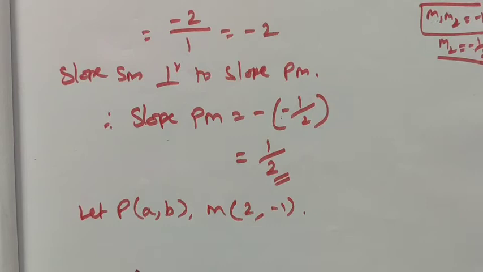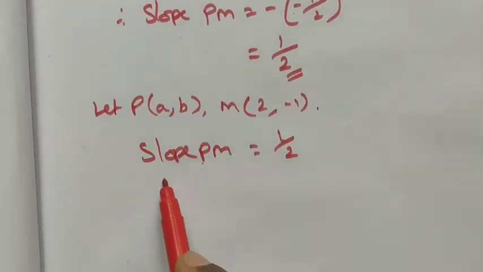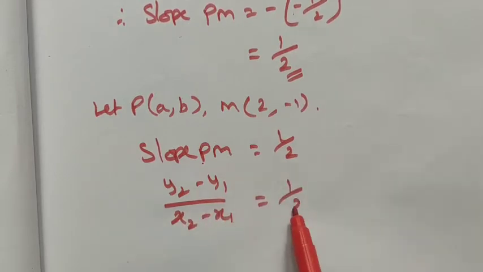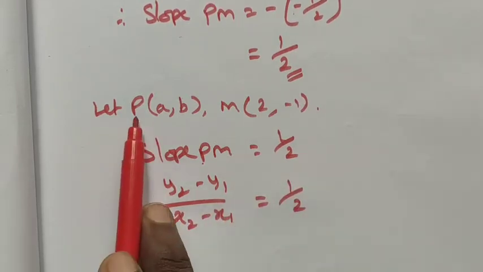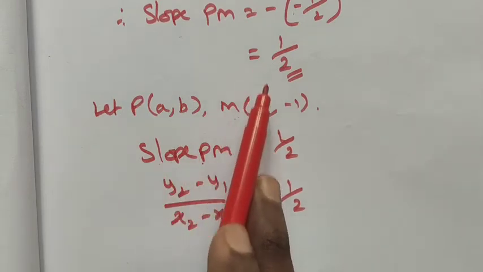The slope of PM we have already found out, that is 1/2. So the formula for the slope PM is y2 minus y1 divided by x2 minus x1 is equal to 1/2.